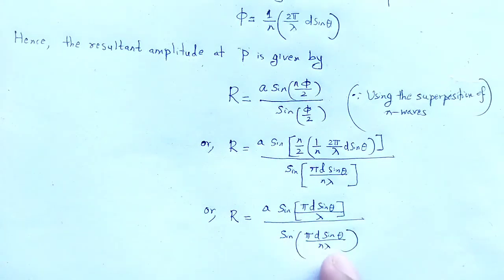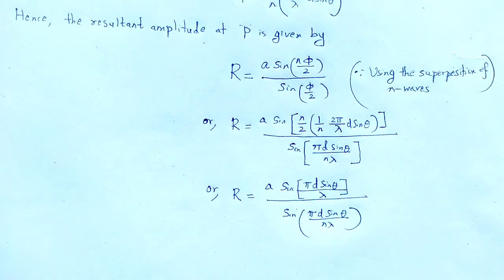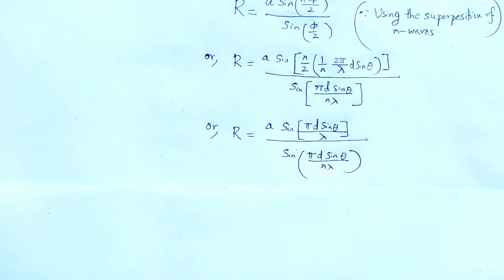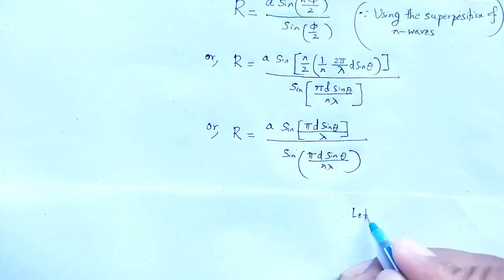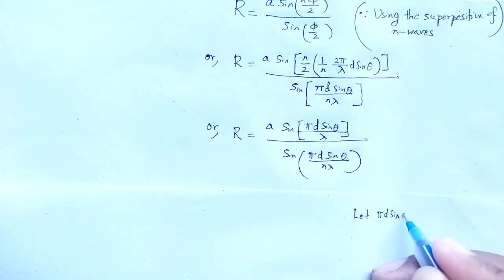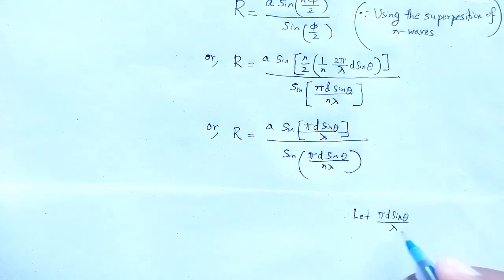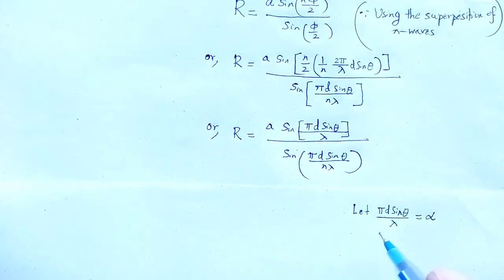That is also an angle. Let us substitute: pi d sin theta by lambda is equal to an angle alpha. It's our substitution.